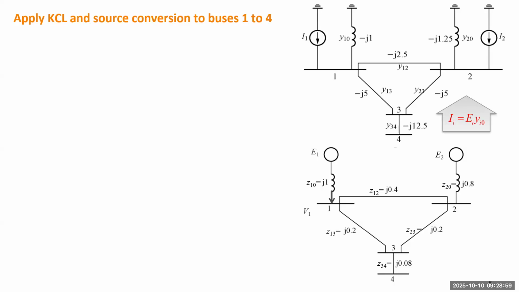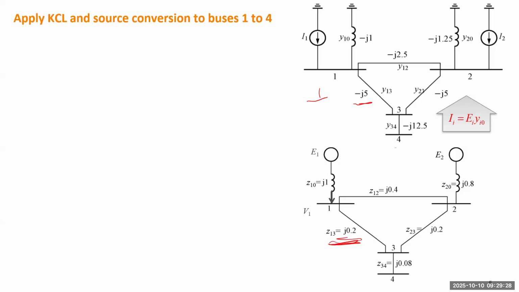First, we don't change anything for each branch. We just take the admittance instead of the impedance. So, for instance, for this one, the impedance is 0.2J. The admittance will be 1 over 0.2J, right?